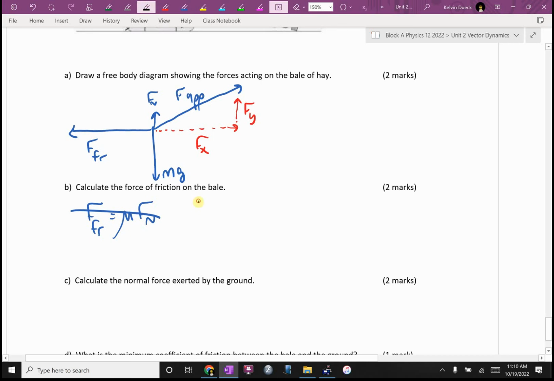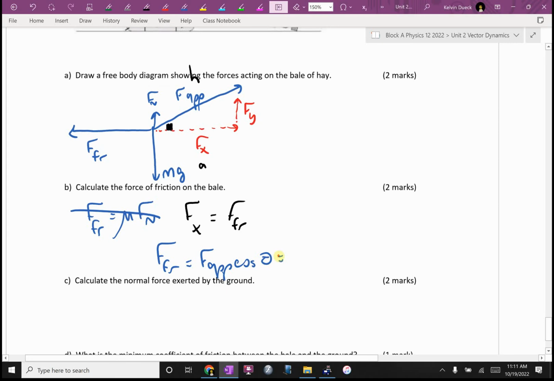So what you really have is this. Fx equals friction. That's how I can find friction. Fx, which trig function is Fx? Adjacent over hypotenuse. It's cosine. So friction ends up being F applied cos theta.